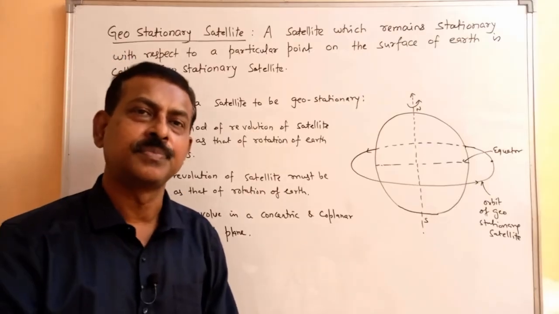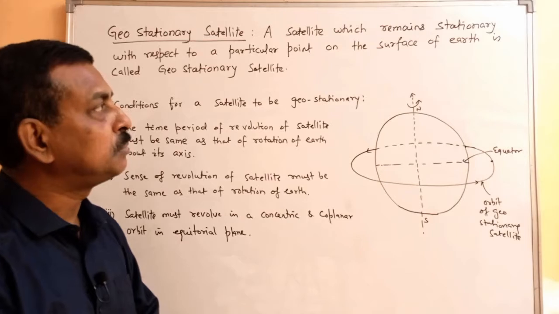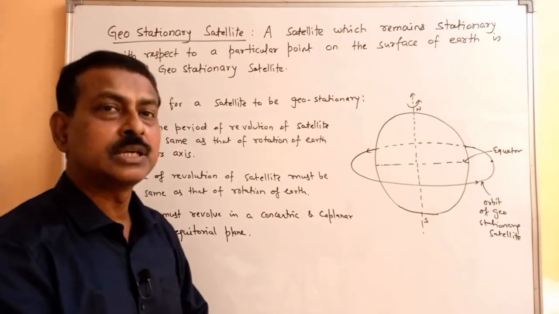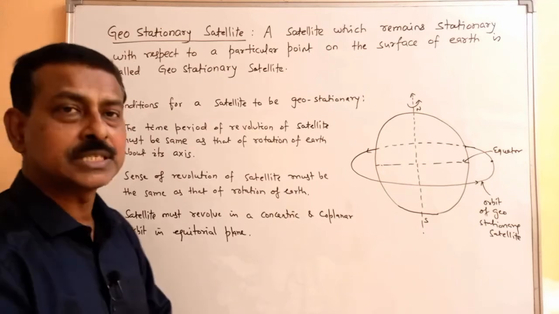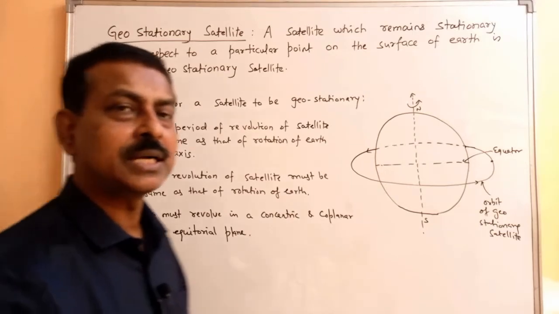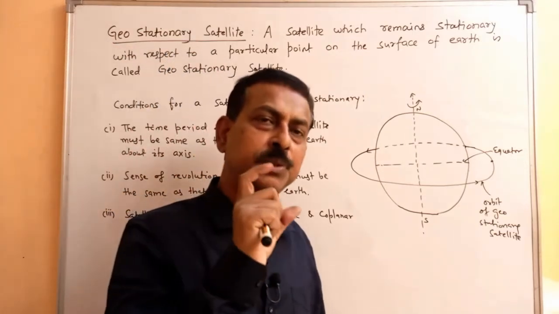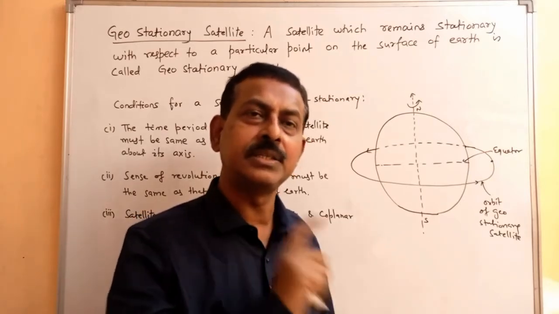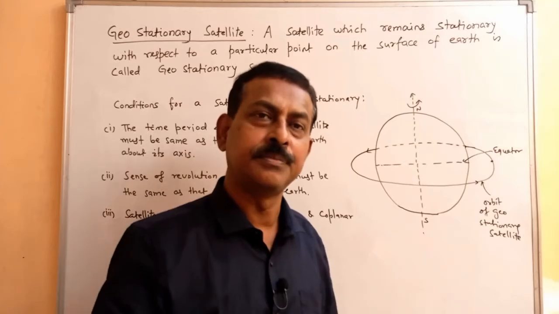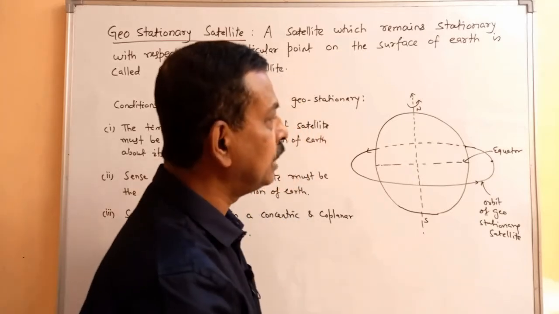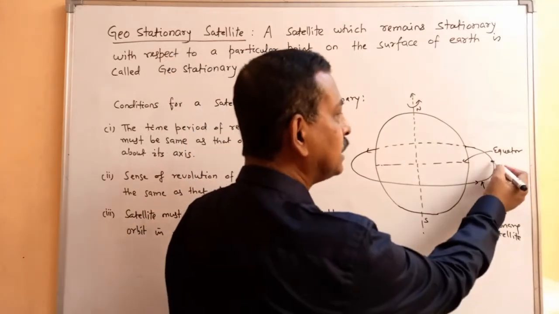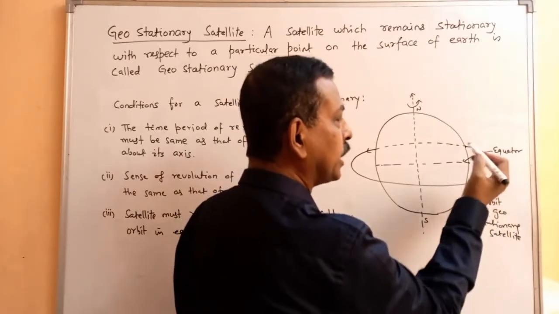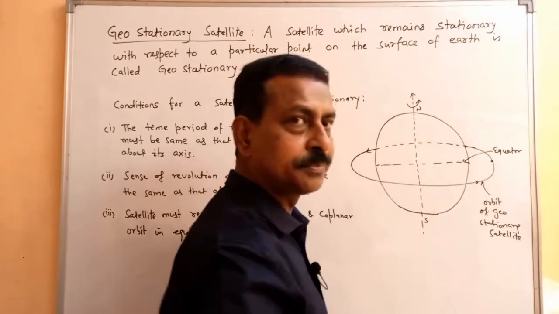Geostationary satellite. A satellite which remains stationary with respect to a particular point on the surface of Earth is called a geostationary satellite. That means it is a satellite which will always be overhead a particular point on Earth's surface when it is in its orbit around the Earth. Suppose we take the satellite here, and this is the particular point, just overhead it.